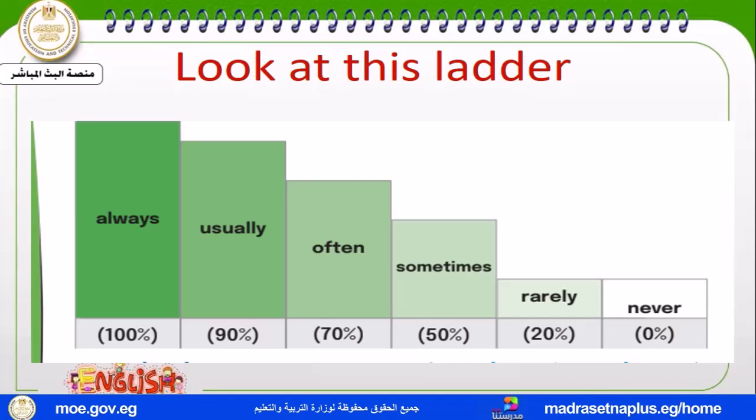We use this ladder to go from not doing something to something that we do every day. So at the first step of the ladder, we can see the word never. When we say that we never do something, that means it's 0%. It never happens.